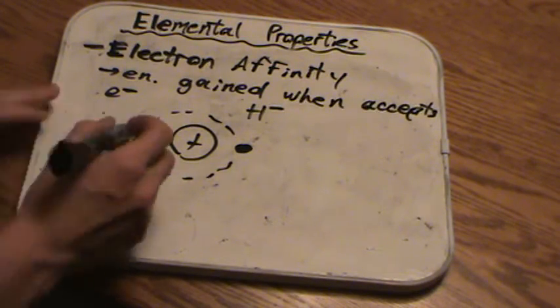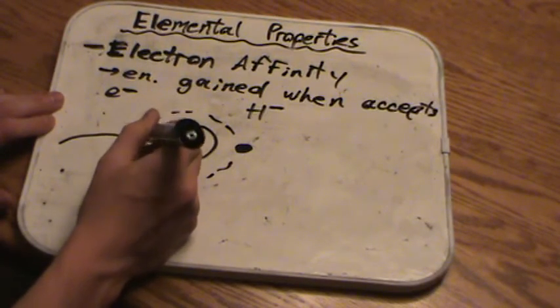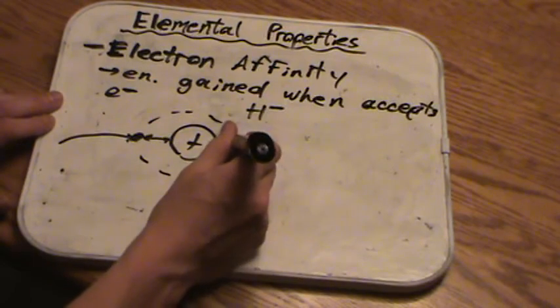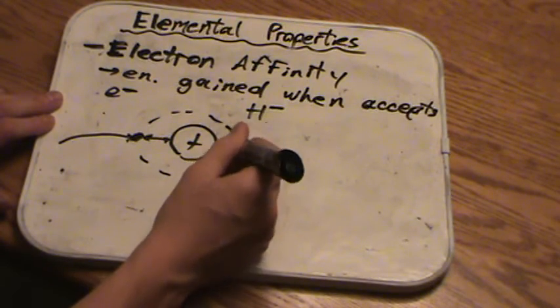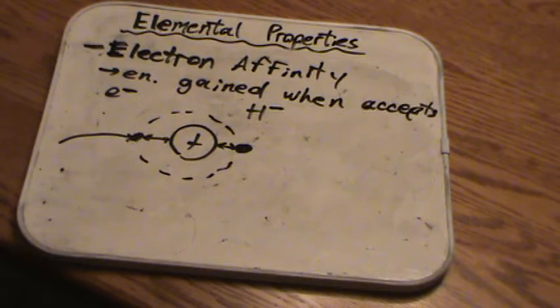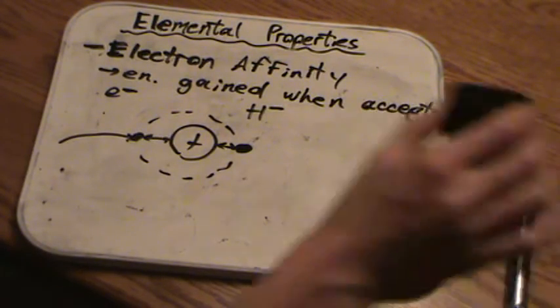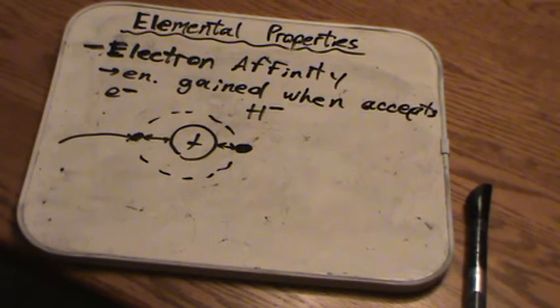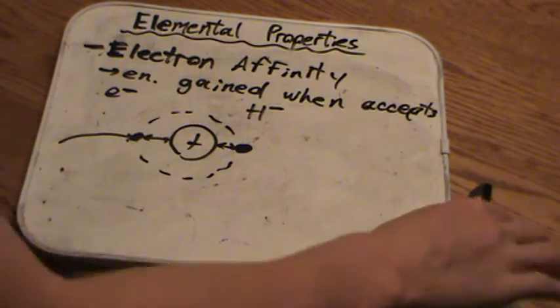Well, now an attraction has taken place between that electron that has just been accepted and the positive charge of the nucleus. And this results in a state of energy gain of this atom. So the energy is actually released from the atom, in the sense that energy is not required to make this happen.